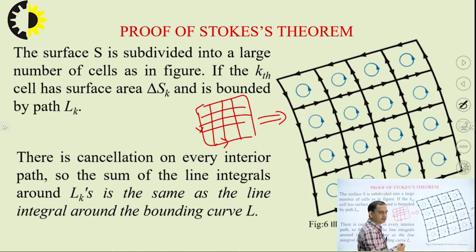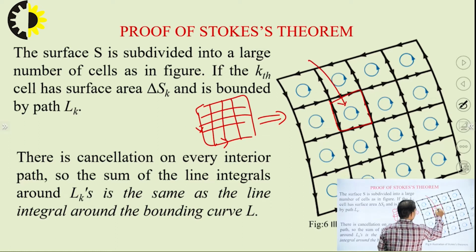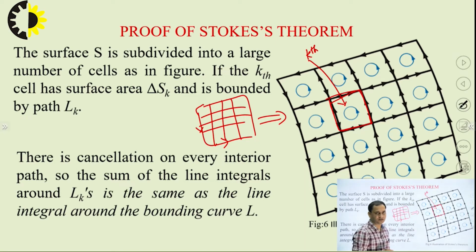If the kth cell has a surface delta Sk, suppose this is my path, this is my kth cell. This is our closed path, and this is the open surface, right?